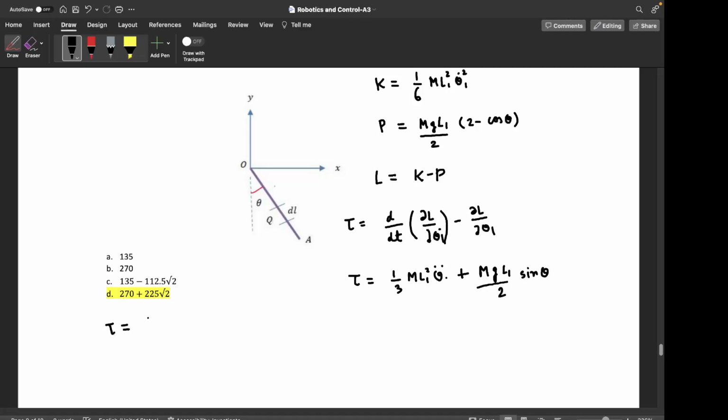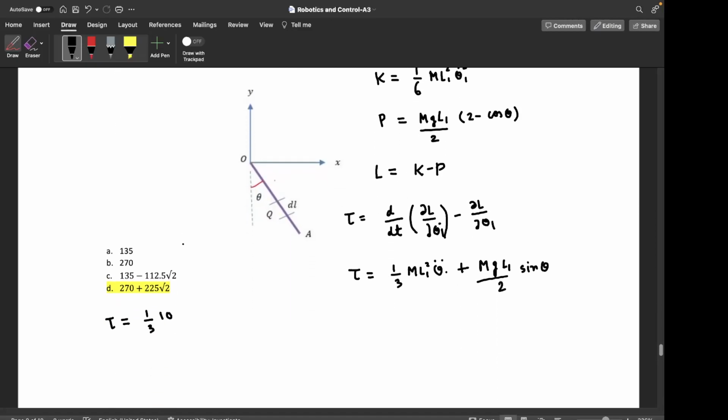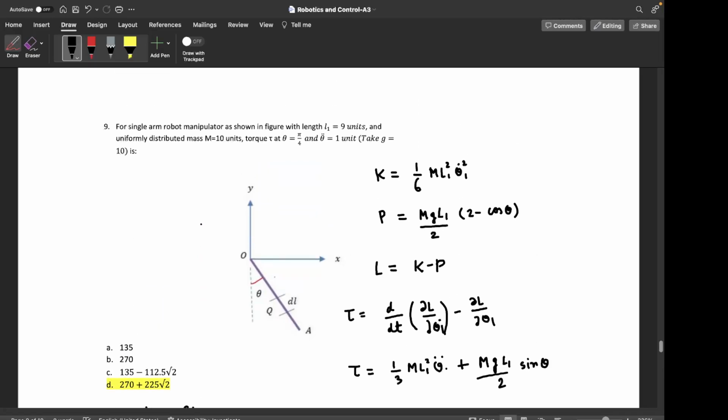So torque would be 1 by 3, m is 10, L1 is 9, and theta double dot is 1.